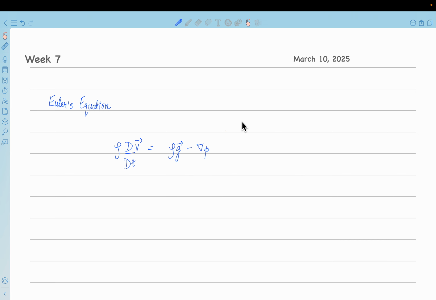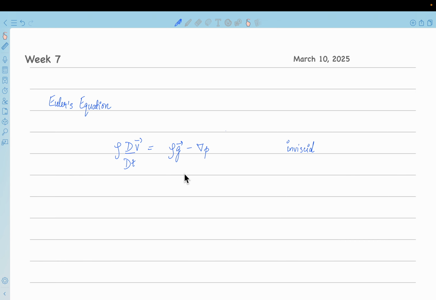Now there are some assumptions that go into this equation. Can any one of you tell me what are the assumptions over here? Yeah, we have assumed it is inviscid. Yeah, so the only body forces that are acting is the gravity force.